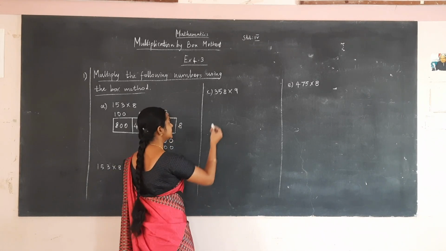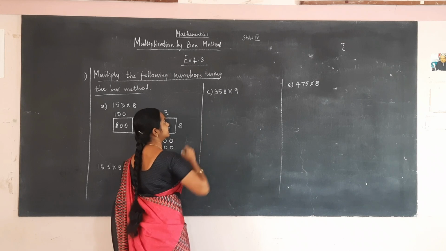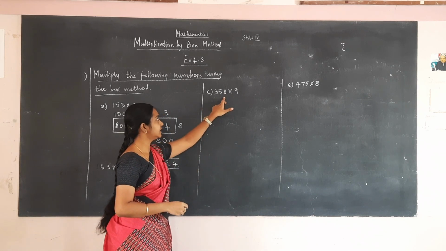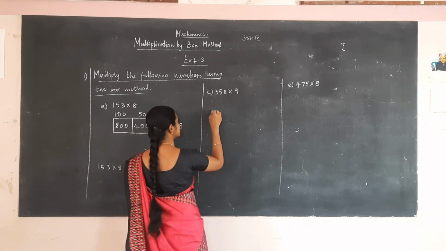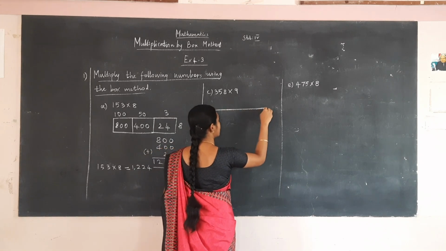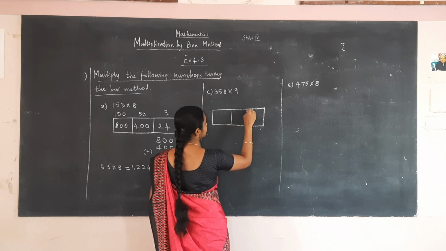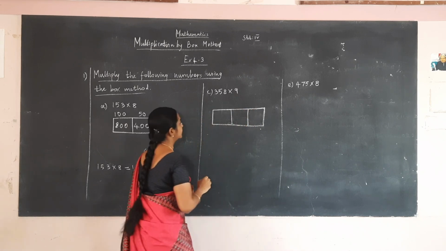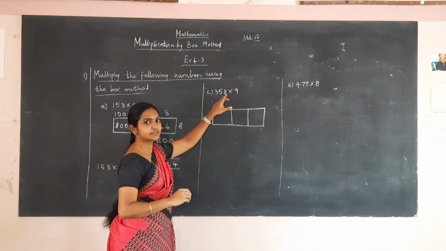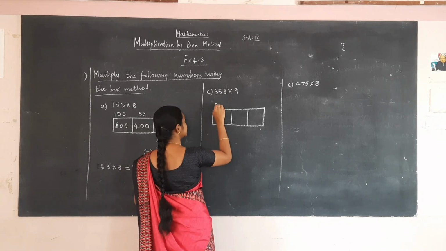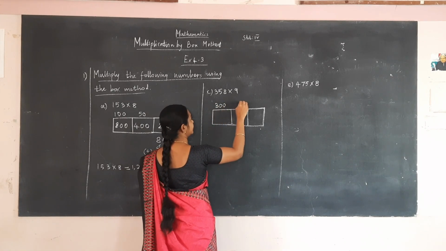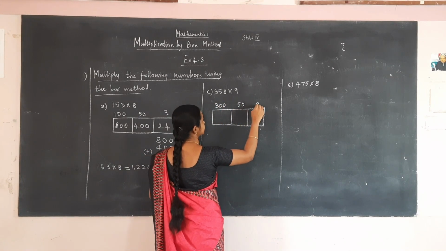The next question, 358 into 9. In 358 we have 3 numbers, so we have to put a box with 3 columns. We have to expand 358 as 300 plus 50 plus 8.